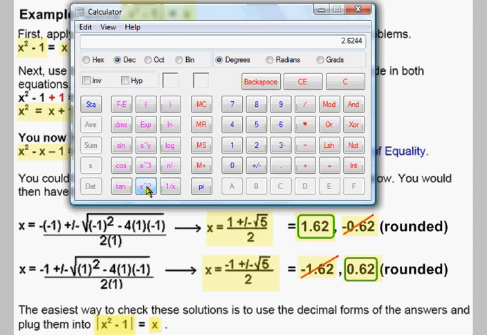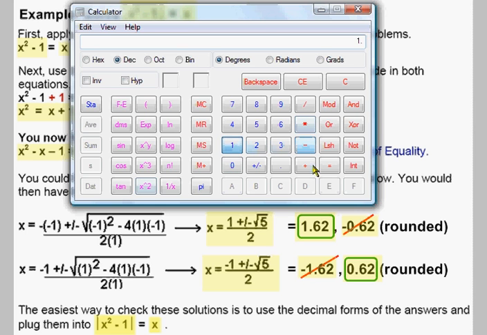1.62 squared is about 2.62. We subtract 1 from that, and we get about 1.62 on the left. And when we take the absolute value of that, we get 1.62 or close to it. So the 1.62 solution works out. The positive 0.62 solution, we square that and we get about 0.38.